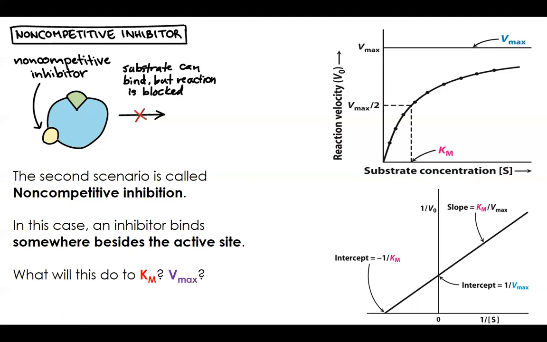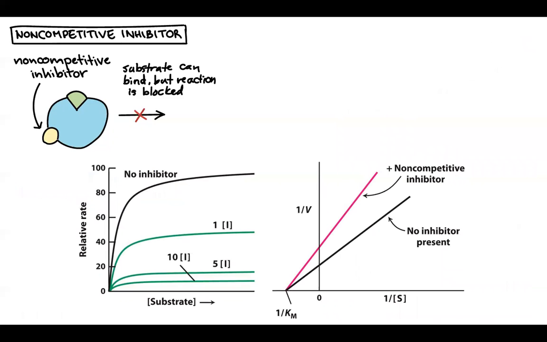All right, so check it out in this example. This is our Michaelis-Menten plot for a non-competitive inhibitor. Okay, and I think this one, again, it's difficult to really get good quantitative values from this Michaelis-Menten plot when you're just eyeballing it.